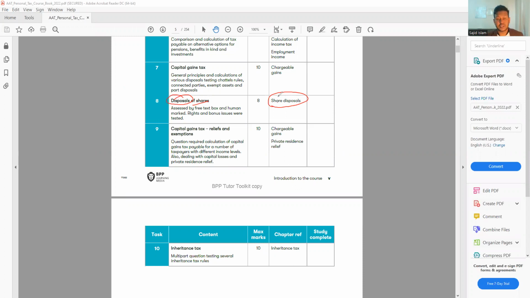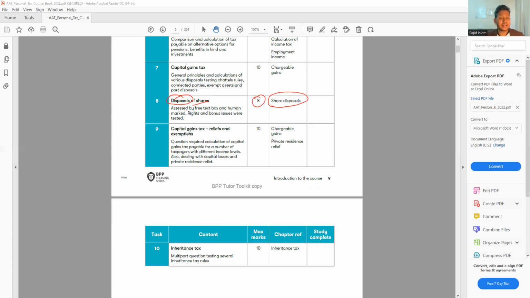So if you buy some shares and sell them with a gain, how do you calculate the gain, and what are the rules? For example, if you buy some shares today, and after a few months you buy some shares again, and again you buy, and after that you sell some shares randomly, which one will be treated as the cost? You're going to look at this area from that chapter. It will give you 8 marks in the exam.